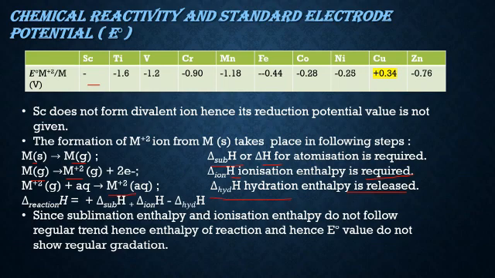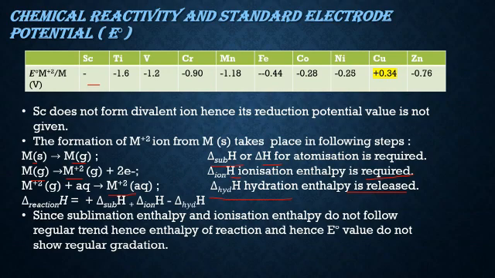Now the total enthalpy of this reaction is equal to sublimation enthalpy plus ionization enthalpy plus hydration enthalpy. Remember one thing, sublimation enthalpy and ionization enthalpy are energy required, so both are positive, and the third one, hydration enthalpy, is energy released, so we take it as negative.